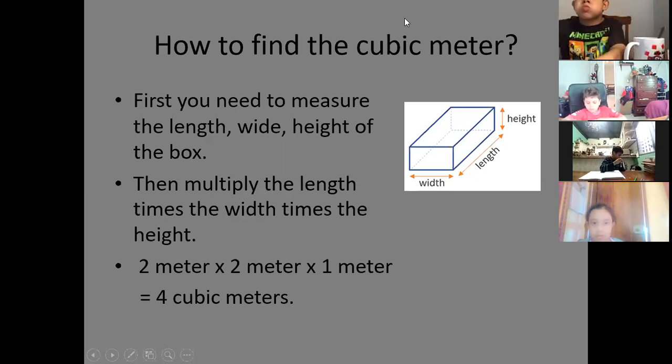So imagine the measurements of this are 2 times 2 times 1. 2 times 2 is 4, right? Then 4 times 1 is 4.